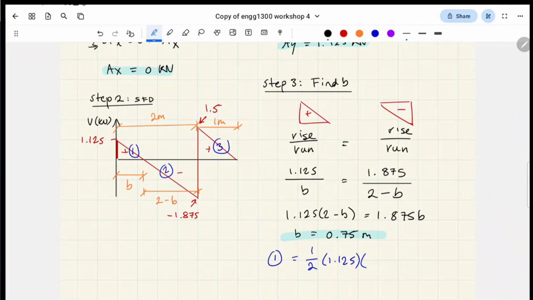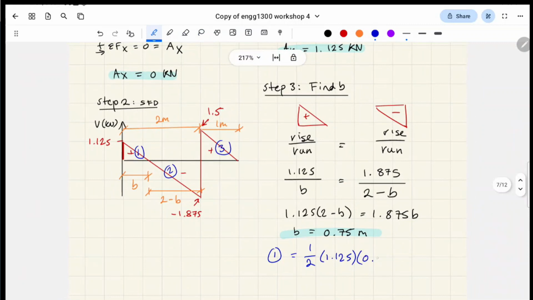Now we can continue to find the magnitudes of our shapes quite easily. For that first triangle, I've put in 0.75 for the base, and that gives us 0.422 kilonewton meters.